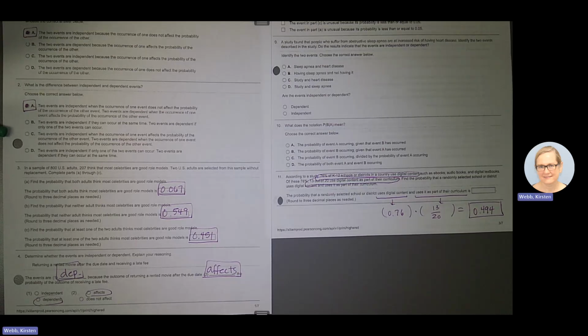Got the work and answer on the screen for number 11 on the printout.